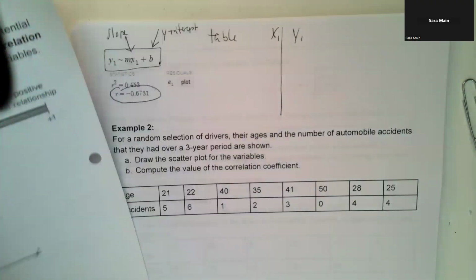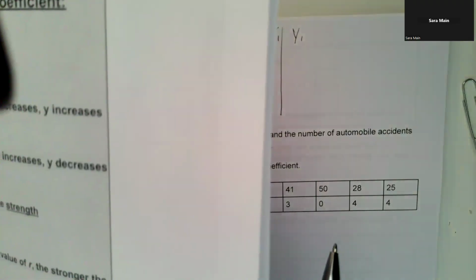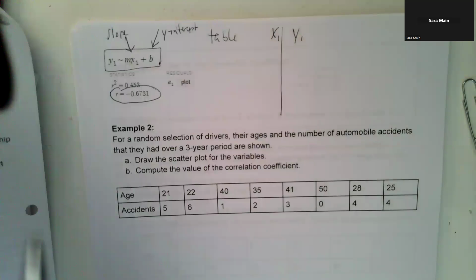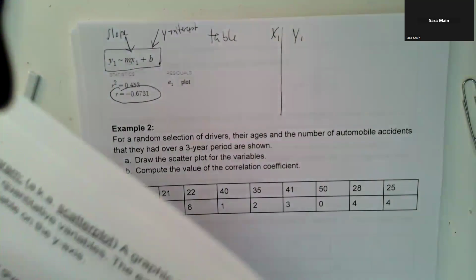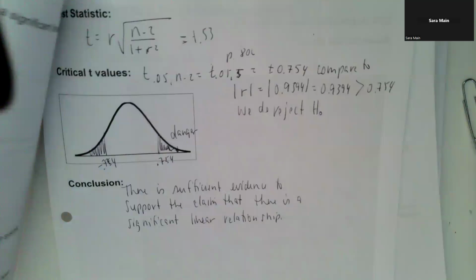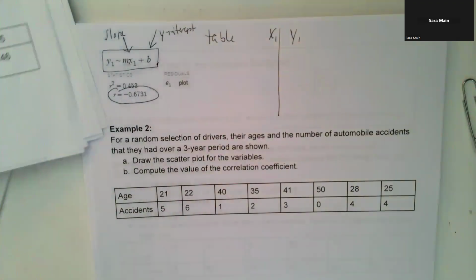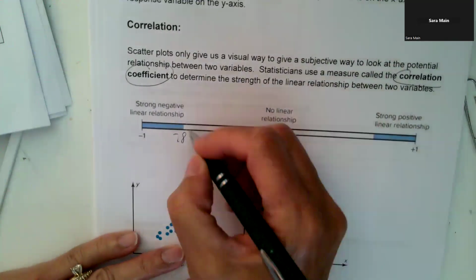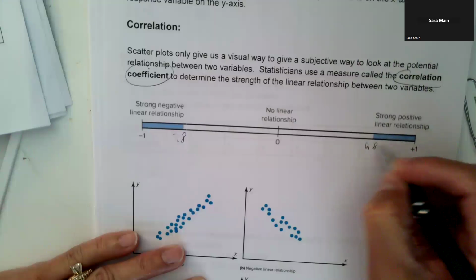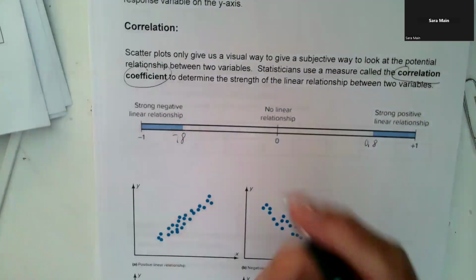Back in your notes is where it tells us that you can draw it right on here, actually. A negative 0.8 to a negative 1 and a 0.8 to a 1 is going to be a strong relationship.